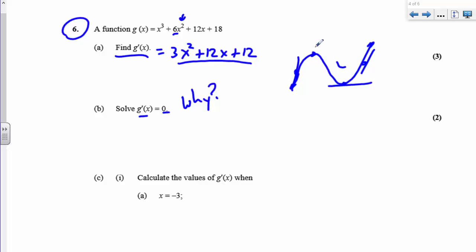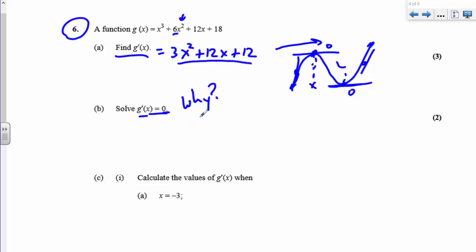But the tangent lines at local extrema, be it maximum or minimum, are horizontal lines and their slopes are equal to 0. Since this is the slope of a tangent line, and I want it to be 0 because that's what they're telling me to set it equal to, what this is going to tell me is the x value, if I solve it for x, of these local extrema, either a maximum or a minimum.